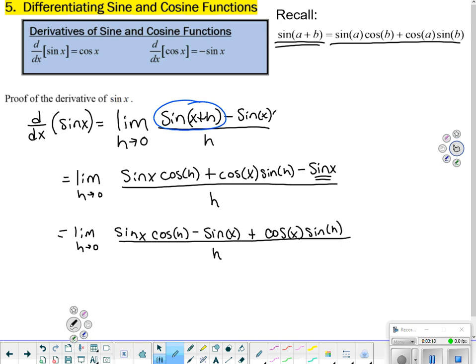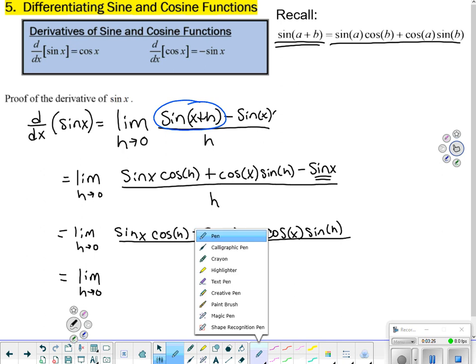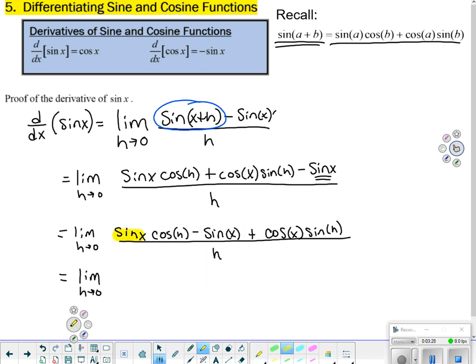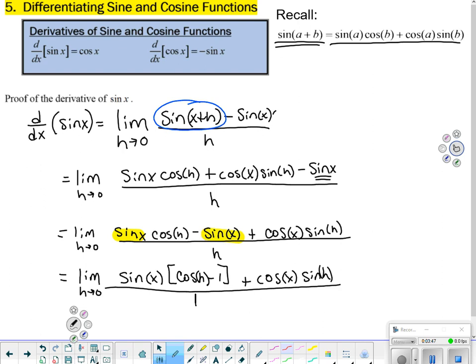We can do the commutative property on addition, limit as h goes to 0. Now I notice I have a sine x in both of these, so I'm going to factor out that sine x, GCF that, and that will leave me cosine h minus 1 plus cosine x sine h divided by h.